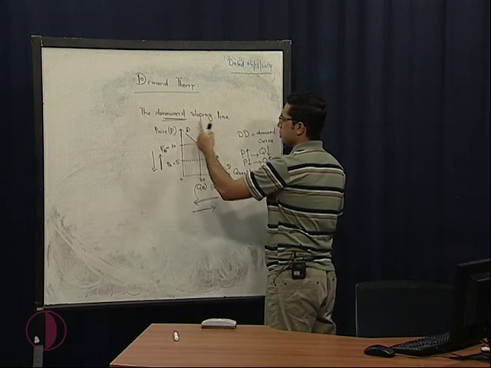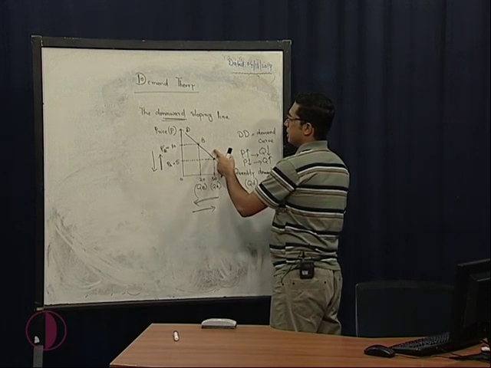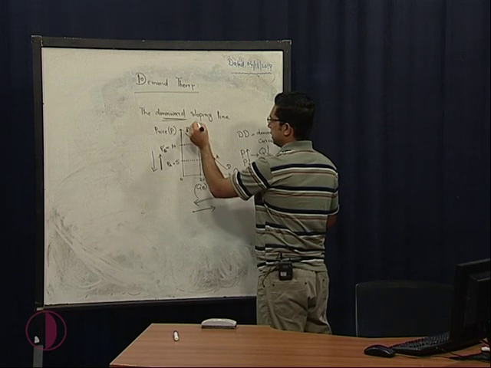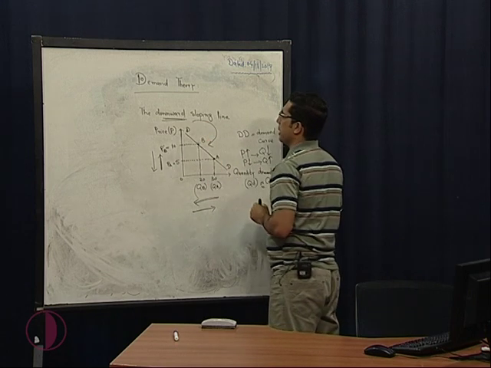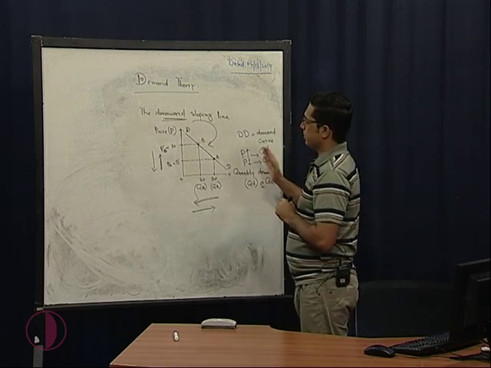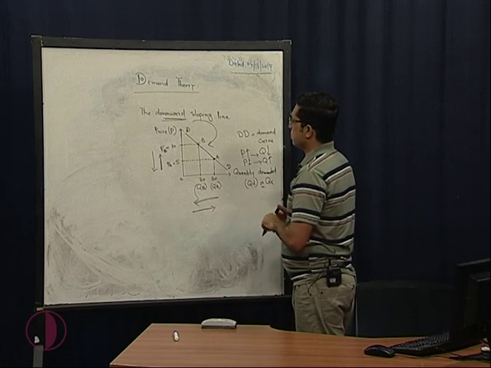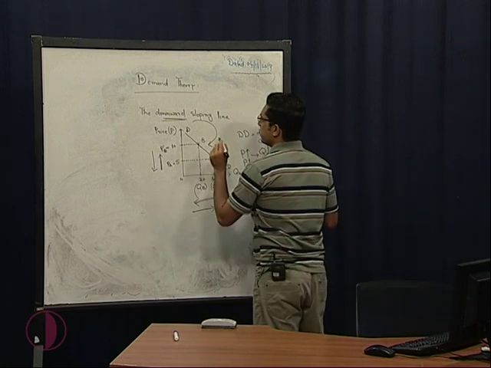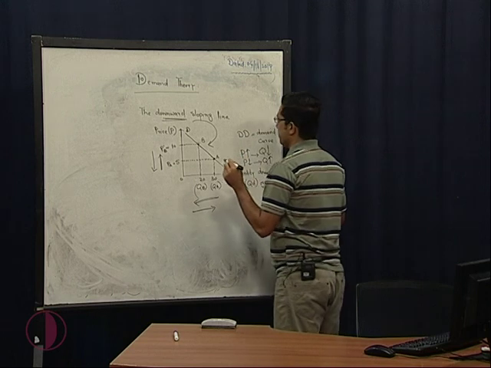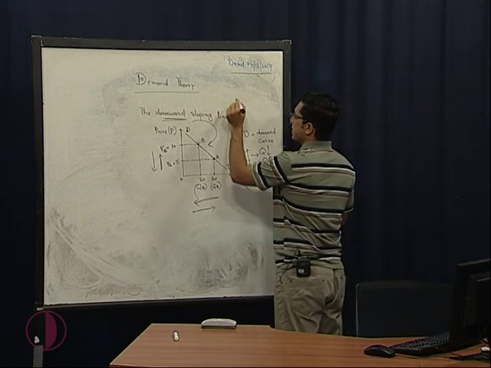So this is known as the downward sloping demand line. It means that the demand curve has a negative slope.